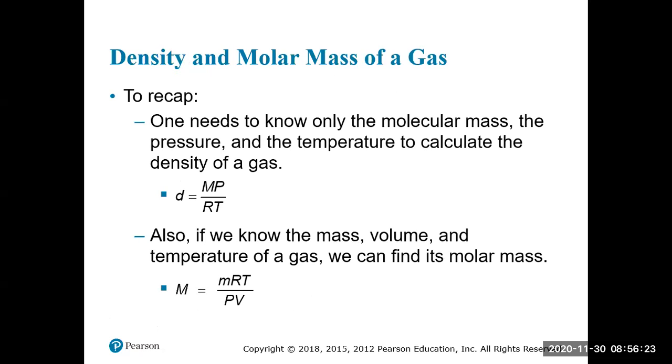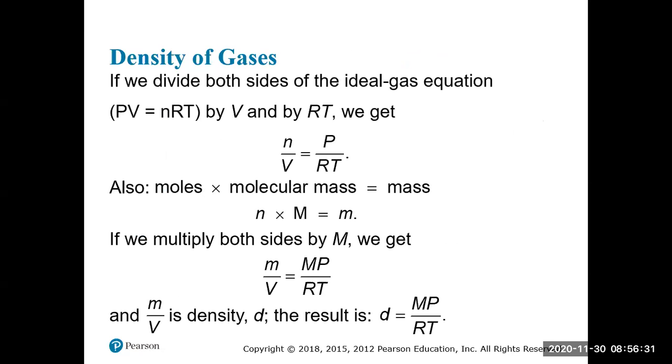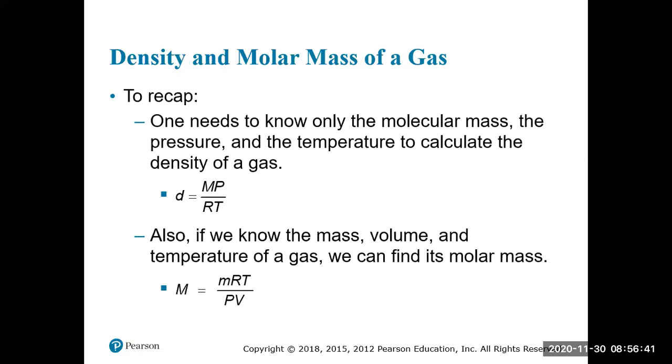So by rearranging some of these things and knowing these relationships that we talked about here, in other words, things like moles times molecular mass equals mass, and mass per volume is density, we can then determine what the molecular mass of a gas is if we have some information like mass, volume, and temperature.